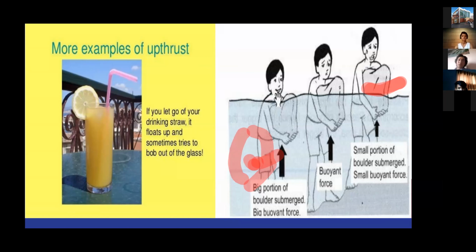That means here the upthrust exerted by water on it is more, and in this case the upthrust exerted by water on it is less, because some part of this object is out of water, only a small volume is inside, but here the whole body is inside the water. So more upthrust and less upthrust. This is for the same body.